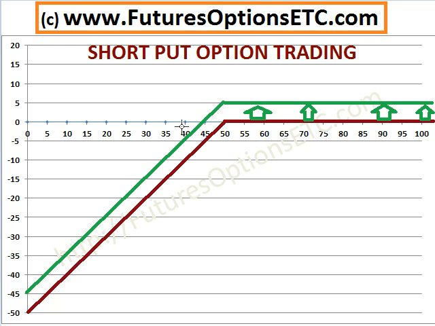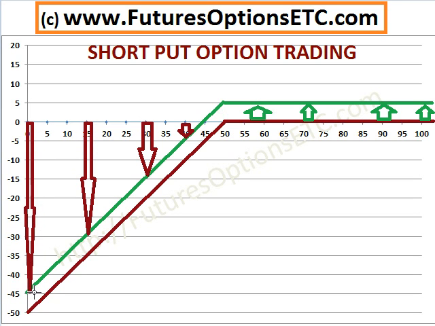And further down, if it reaches 40, then I am going to make a net loss of $5. If it reaches 30, then I am going to make a net loss of 15. If it reaches $15, then I am going to make a net loss of 30. And if IBM or the stock in question goes completely bankrupt and goes to zero, then I am going to make a $45 loss on this particular option trade.